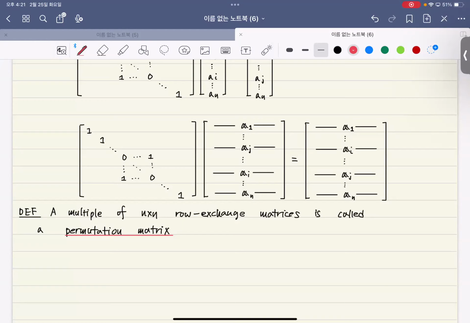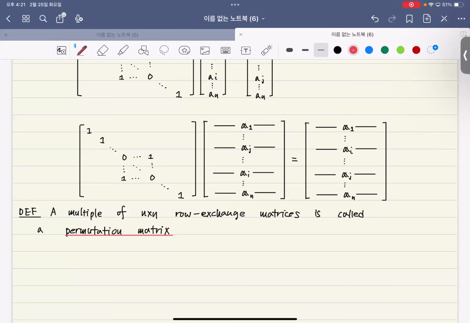Let me explain in this way. Multiplying a bunch of row exchange matrices is going to achieve an exchange of rows in some different ways. Therefore, the number of permutation matrices must be the same as the number of permutations of an n-element set, because any permutation implies the exchange of rows of the matrix.